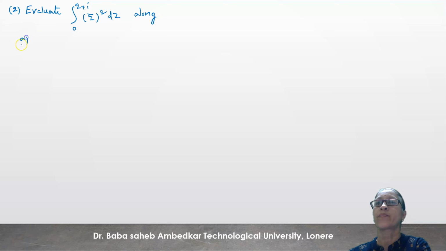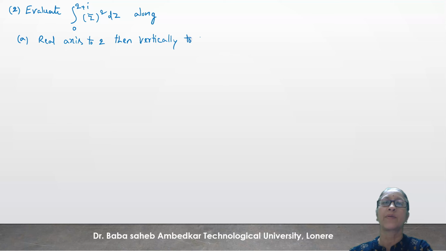Along, first curve is along the real axis to 2, then vertically to 2 plus i. Second curve is along the line 2y equal to x. Let us solve one by one.